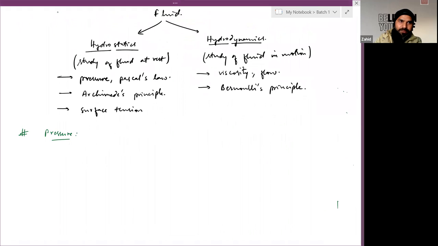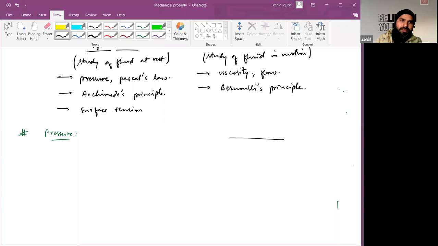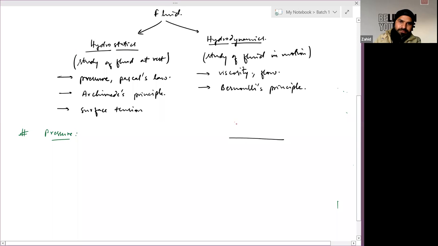So let's start with pressure. Suppose you have a surface on which we may apply force, one along this direction, let's say F1, and the other along this direction, let's say F2, and one along this direction, let's say F3.